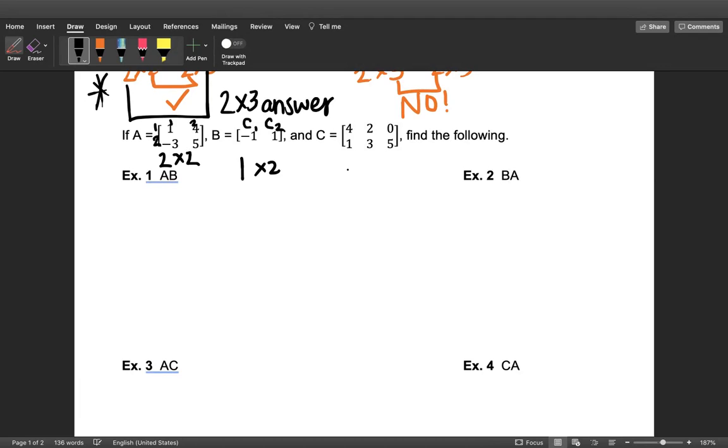For C, I have two rows and three columns. So if they want A by B, A is a 2 by 2, and B is a 1 by 2. Do my columns and my rows match? Does 2 equal 1? Nope. So that is not possible.